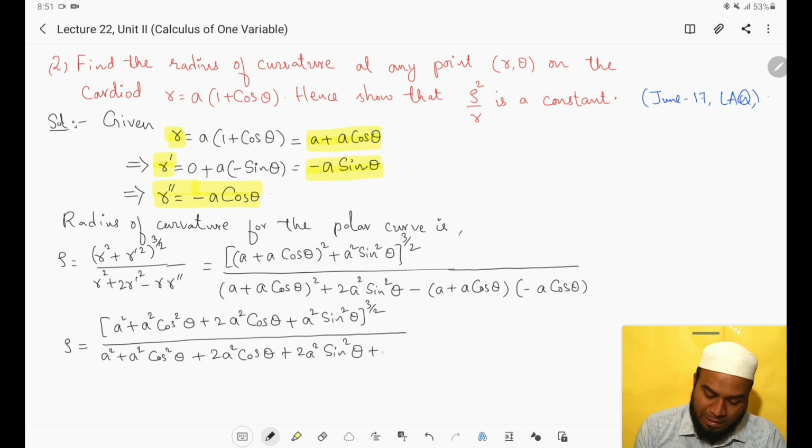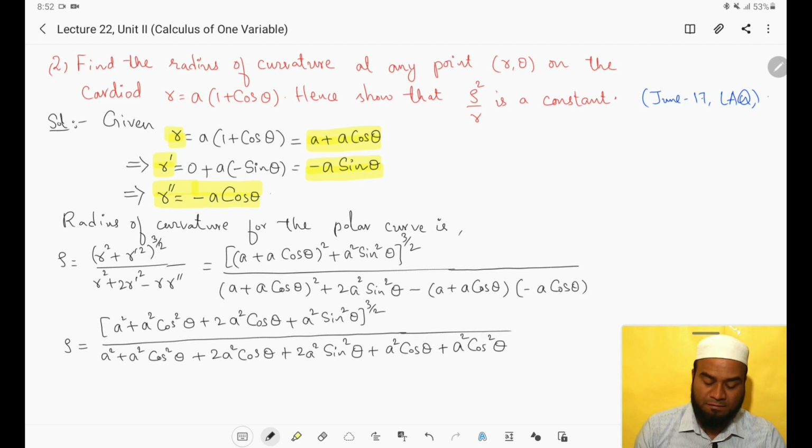So plus a square cos theta. I have multiplied this a with a cos theta, so I got a square cos theta. Already this minus is multiplied with this, so it became plus. Then plus second term is a square cos square theta, a cos theta into a cos theta is a square cos square theta, right?